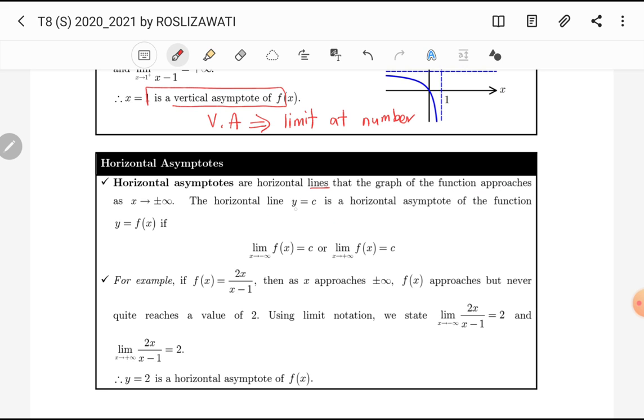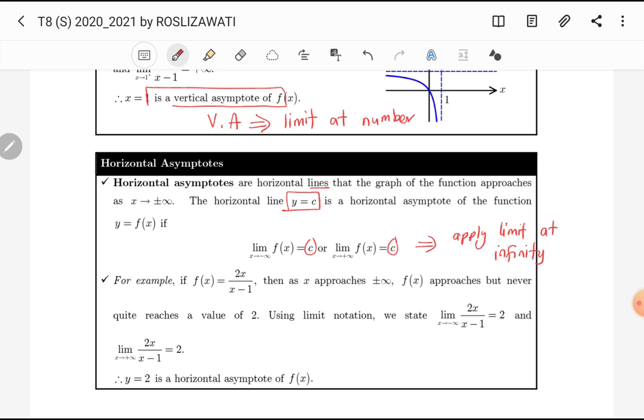Okay, the horizontal line y equal to c is a horizontal asymptote if, so awak tengok ni, x approaches negative infinity equal to c, or x approaches positive infinity equal to c. Kalau awak perasan, kita akan apply limit at infinity. Yang tadi yang saya baru ajar awak tadi.